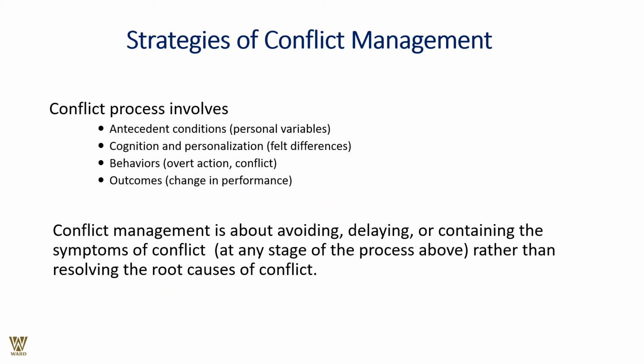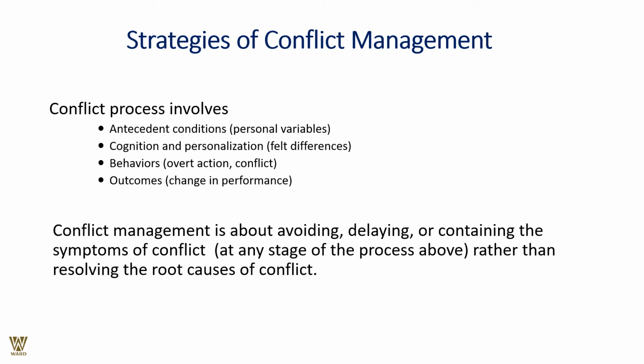The first one is to involve the process altogether, antecedent conditions. Now understand the personal variables, understand the thought process of a person, the group, and why is it that they have been hurt by the upcoming situation or arising circumstances. So that is antecedent conditions, your thought process.